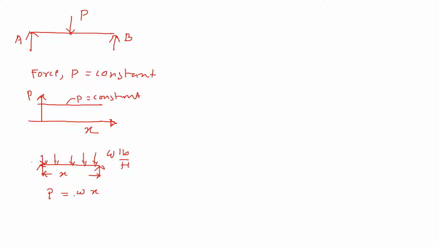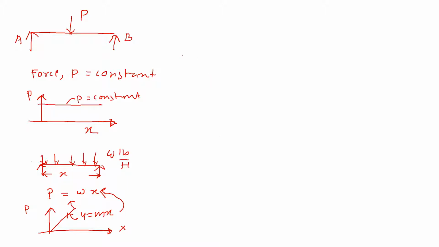Now this force is not a constant, it's more like a y equals mx type of equation. So I get x, and then y is the P, and it's a line through the origin. So this equation is y equals mx, or we can compare that like this, since in this case P is equal to omega x.